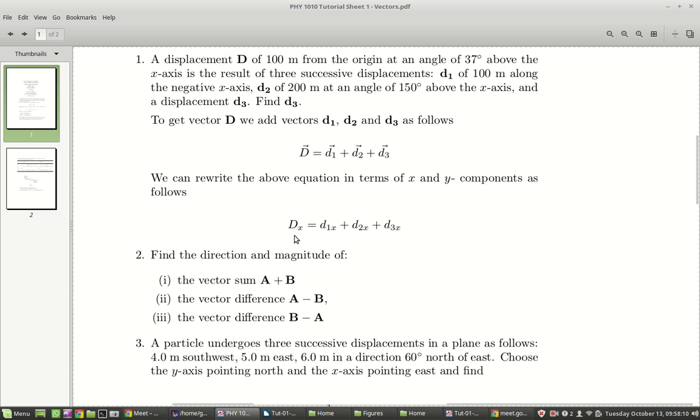This is how you add vectors. When you're adding vectors, you add the x components together. dx is going to be d1x plus d2x plus d3x.